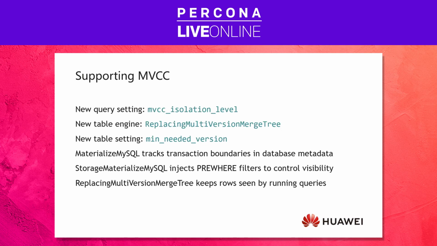So to handle transactions, we had to add some more metadata to the MaterializeMySQL database, where we flag the data versions that are at the end of a committed transaction. This way we know which versions represent safe points in the binlog, if you will.